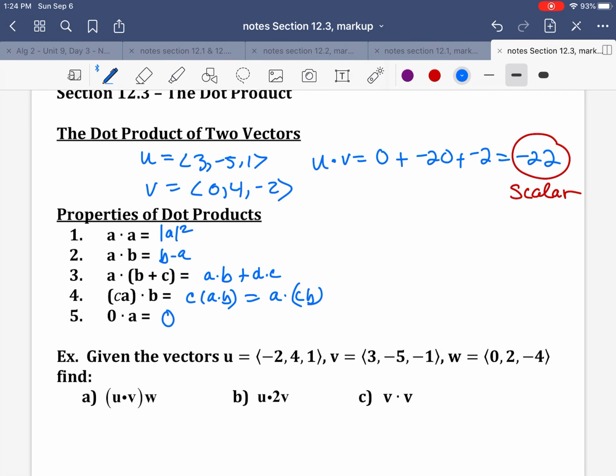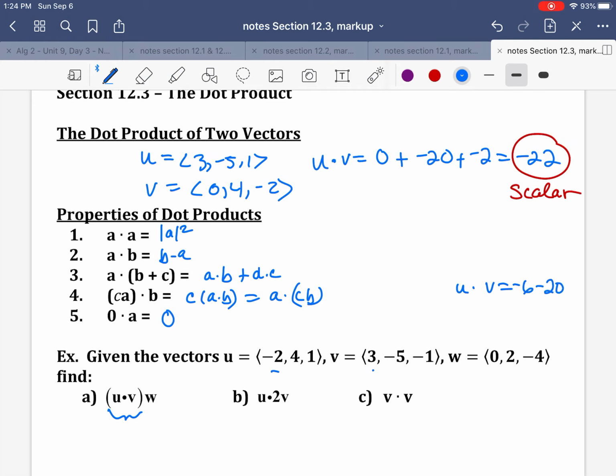All right, there's a few examples here. So in letter A right here, I have a dot product of u and v, and then multiplied by w. Remember that this is going to produce a number, a scalar. So why don't we just do that up here? Over here, u dot v. I would get -2 times 3, so I get -6.